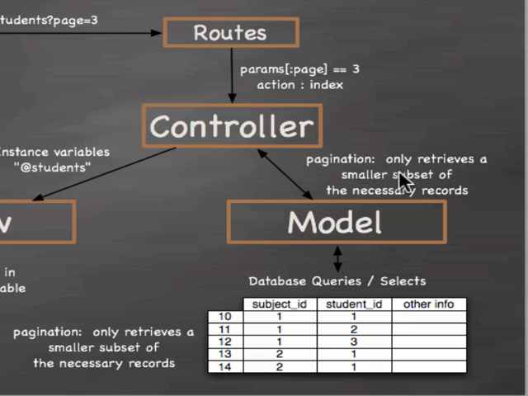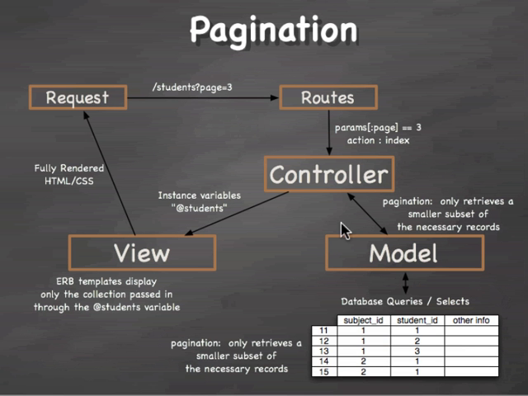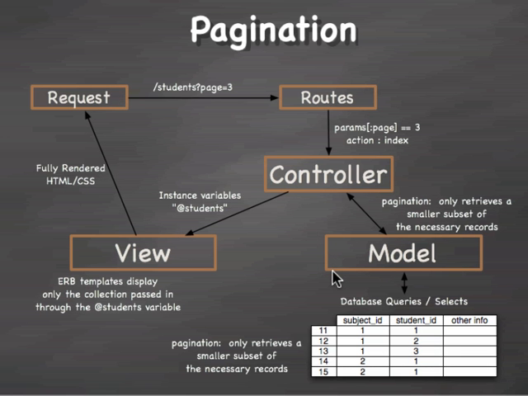So through a pagination call, we can say, don't give me all of the database records, give me only a certain portion. If I'm going to display 5 per page, for instance, and I'm passing a value of 3, I would select the third set of records. So 1 through 5 might be the first page, 6 through 10 the second page, 11 through 15 the third page of records that it would select from the table directly.